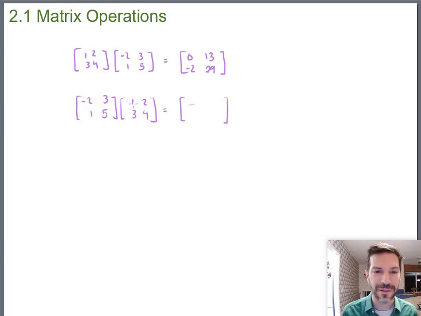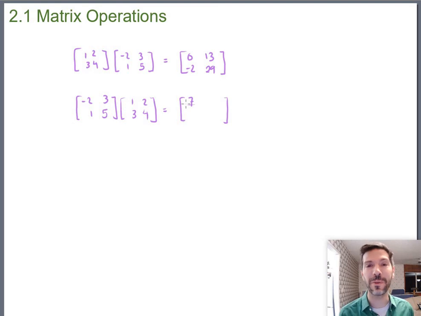So that'd be negative 2 plus 9 would be 7. And notice, not only are our entries in different places, they're just totally different. Like there was no 7 in the first multiplication, and we've gotten a 7 in the second one. This is not me making a mistake, again, I hope.